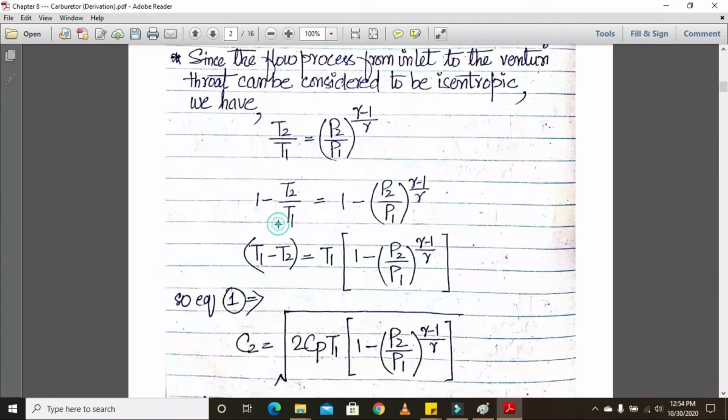Then in the next step, on the left hand side we will take the LCM, and this term will become T1 minus T2 divided by T1, and that T1 would be sent to the right hand side, so that it will be multiplied with the other factor already present there.